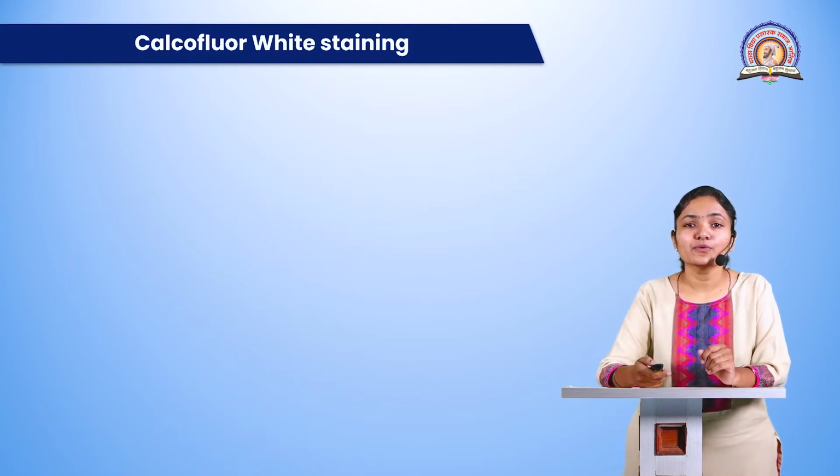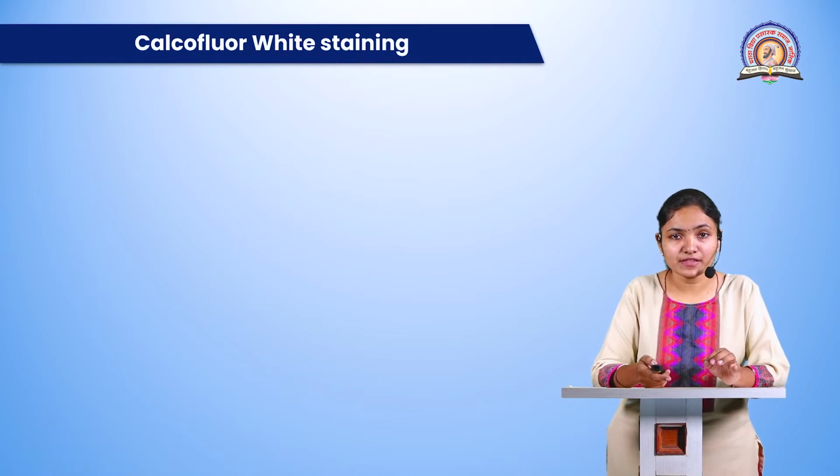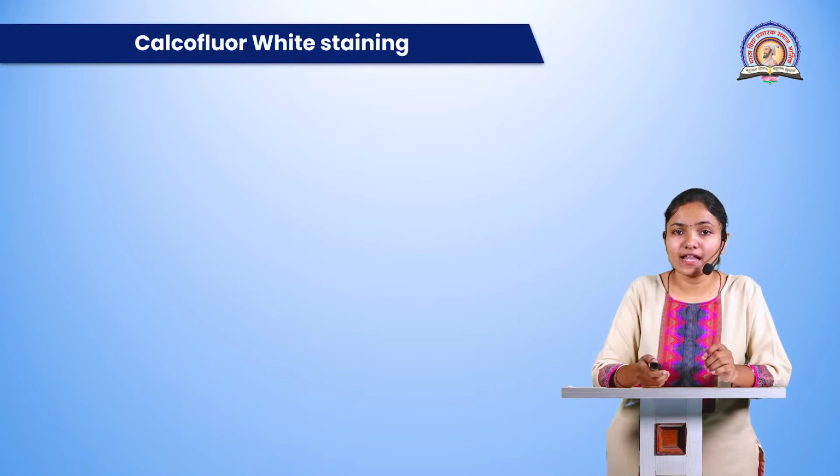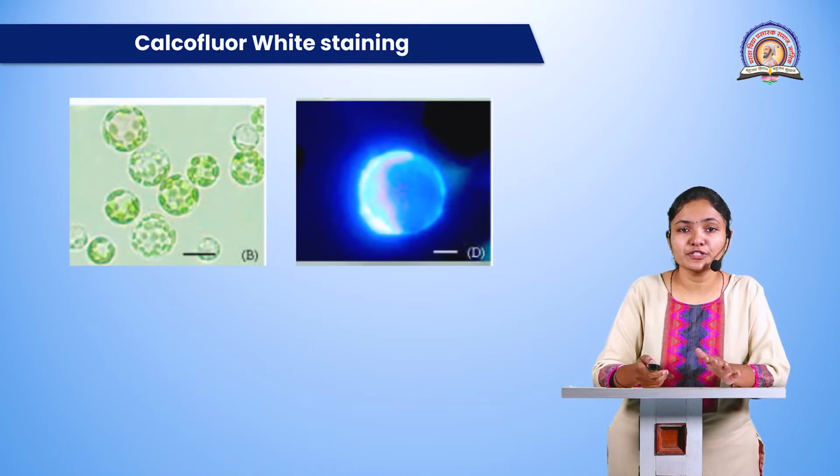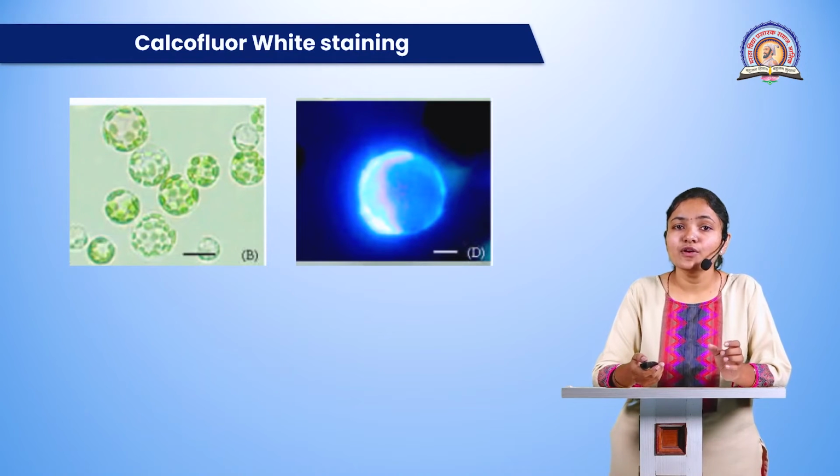Now let's see the second staining method, that is Calcofluor White staining. This stain relies on a principle where it will monitor the presence or formation of the cell wall.